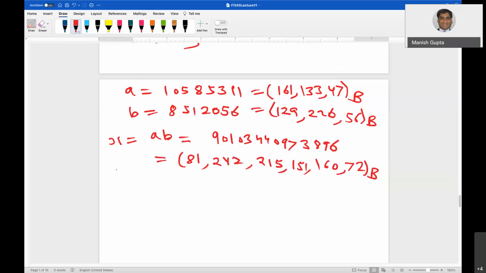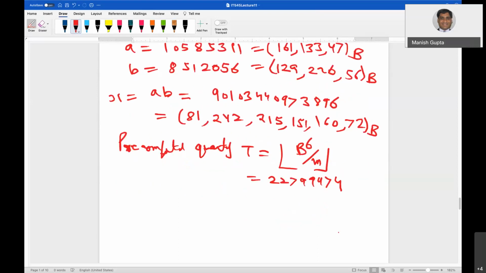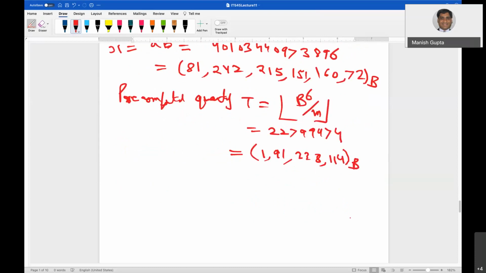Now we do the pre-computed quantity. Capital T is B raised to power 6 divided by M. This is nothing but 22799474 in decimal, and in base B this is nothing but 191, 228, 114 base B. So capital T is actually in general an L plus 1 digit number.